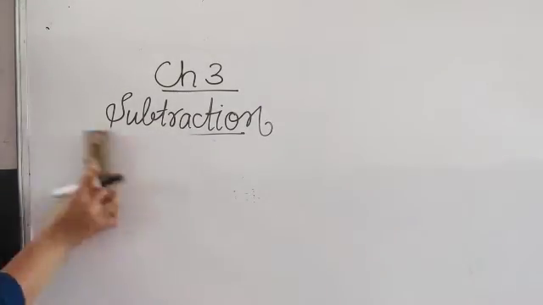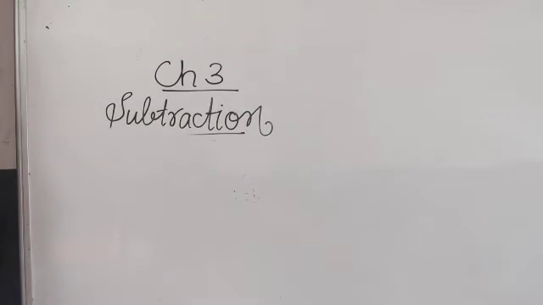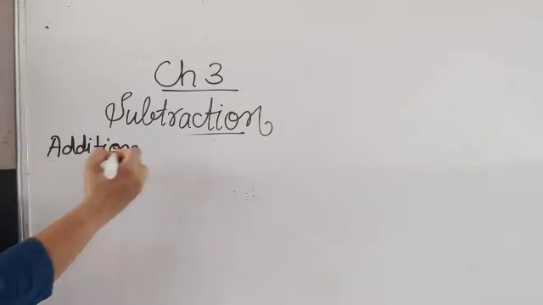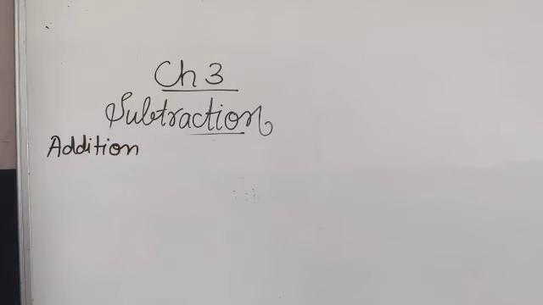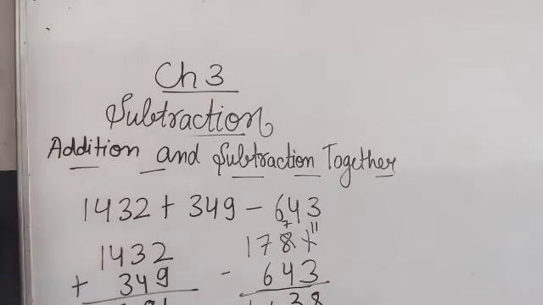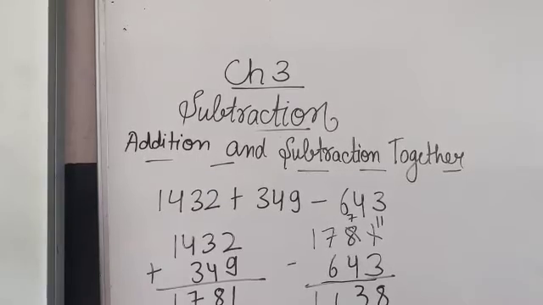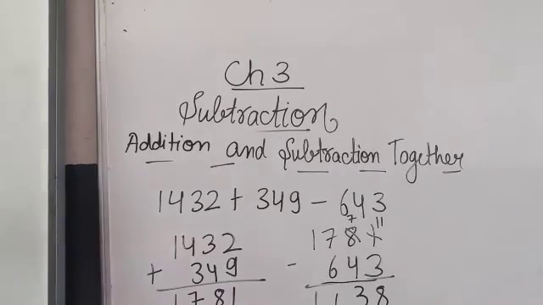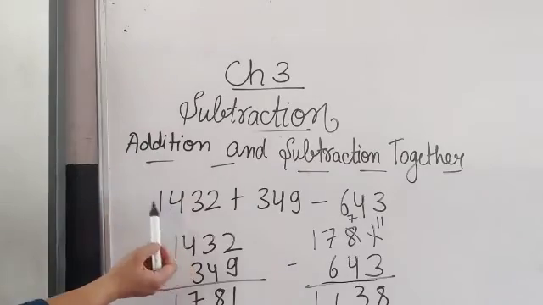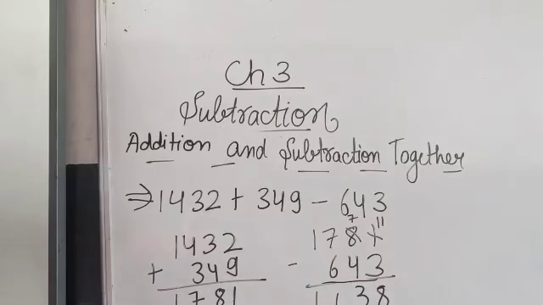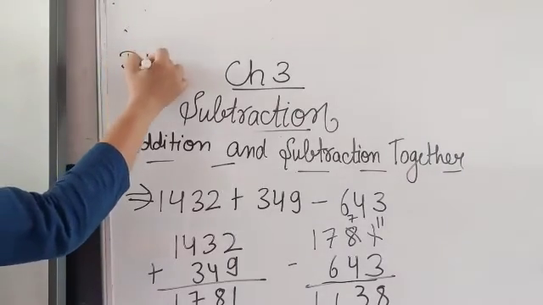Now coming to the next topic, addition and subtraction together. Here in this sum, two operations are given, addition and subtraction. So first of all, you have to solve addition. There is a rule called DMAS.